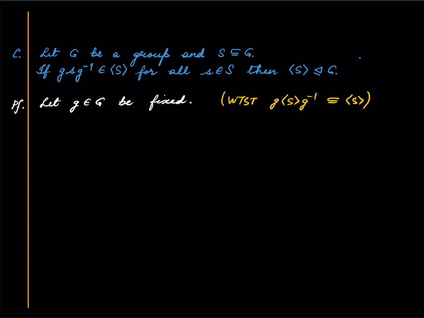So we have this guy is equal to, by the previous lemma, that guy. But this is contained in the subgroup generated by the subgroup generated by S. So I need to explain that.